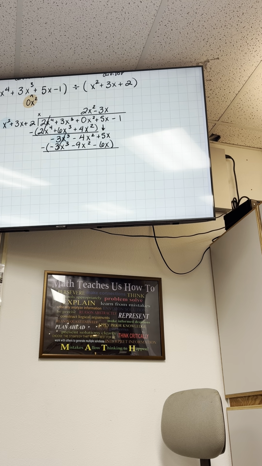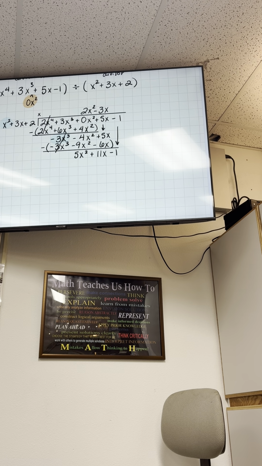So these things cancel, negative 3x cubed minus a negative 3x cubed. Then we have negative 4x squared minus a negative 9x squared. That becomes a positive 5x squared. And then 5x minus a negative 6x is a positive 11x. And then we can carry down our last term, which is the negative 1.